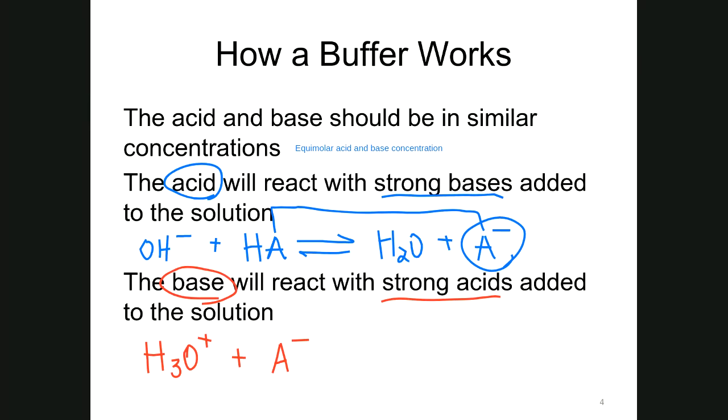A minus is the conjugate base that was already present in the buffer. So hydronium is going to give away its proton. We're going to make water again, plus our conjugate acid that's in our buffer. So again, we have our conjugate pair that was already present in the buffer, and that's how we're able to keep this pH relatively stable.